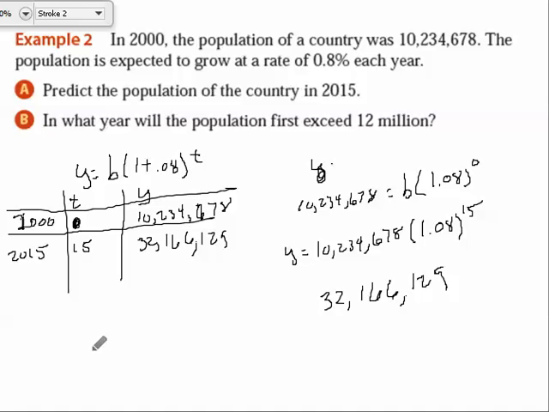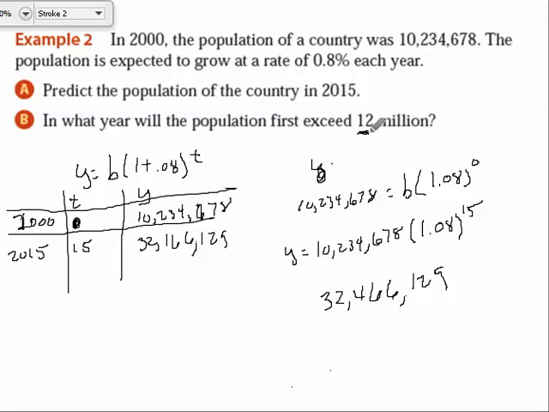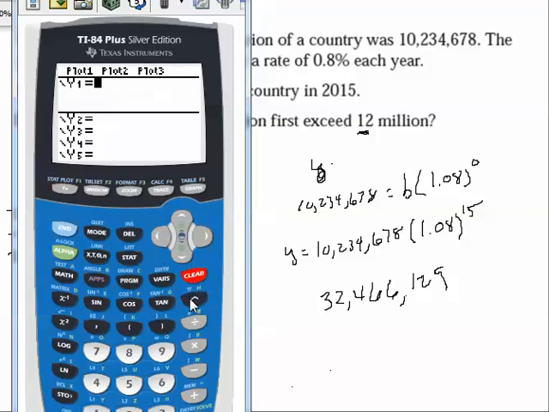Okay? So they're asking, in what year will it first exceed 12 million people? Whoops, didn't write that right. 32,466,129. So the next question there is, when will it first exceed 12 million? You know what? I think the easy thing to do here is to press y equals. Clear this one out.